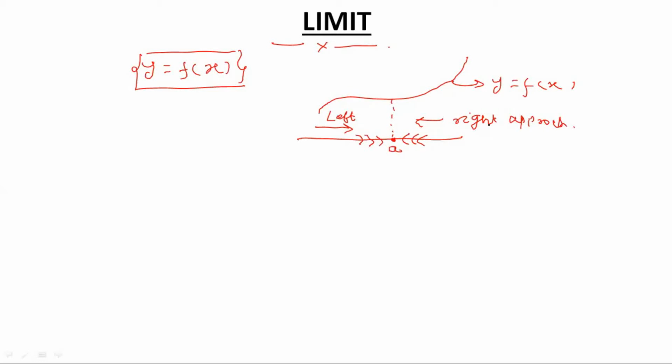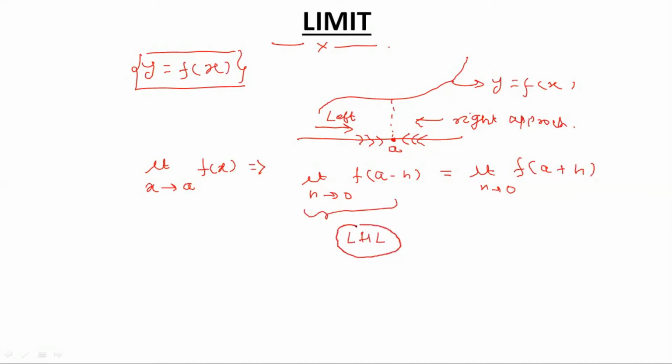So the condition for existence of limit is that limit x tends to a f(x) is equal to limit h tends to 0 f(a minus h) is equal to limit h tends to 0 f(a plus h).